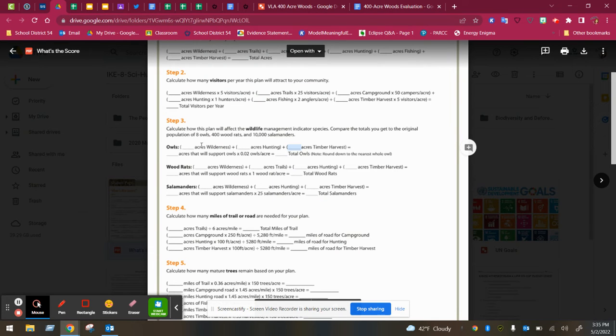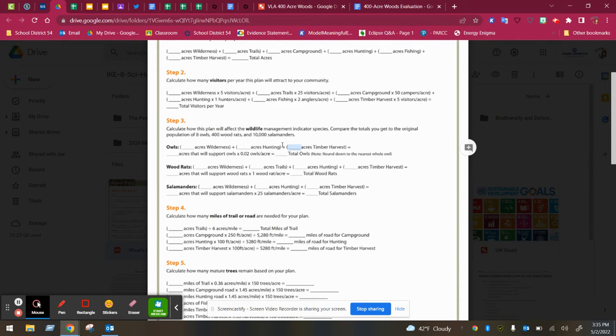So I added up my 188 and my 34 and my 22. And then I got that number and multiplied that by 0.02 to see how many owls I was going to have left. And then I did this for wood rats. And then again, I did it for salamanders.